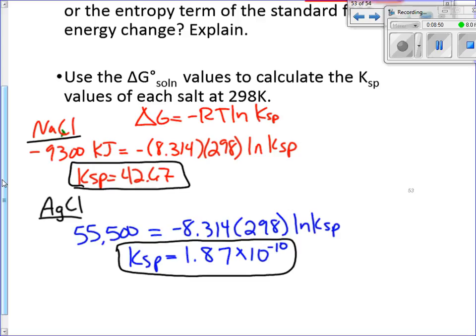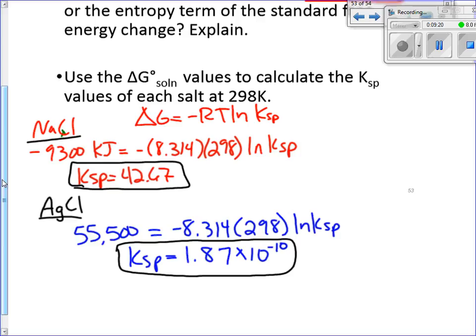Okay, so did we calculate our KSPs? Are your KSPs consistent with your delta G values? What do you know about KSPs? What do you remember about KSPs? If you have a small KSP, very insoluble. If you have a large KSP, should be soluble.